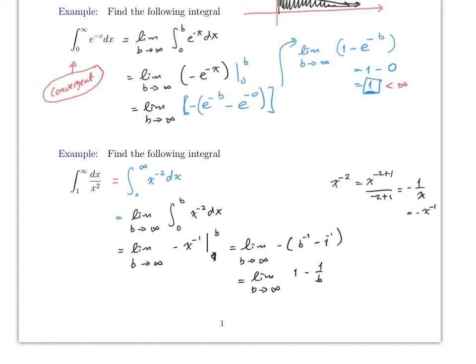And again, notice that this goes to 0 as b goes to infinity in a similar way as the last one. It's not the same problem, but very similar. And again, this equals 1. So one more time, from the graphical point of view, the graph of 1 over x squared looks like this. And if you go from 1 to infinity, this area is also finite. So that means that this integral is also convergent. Okay?